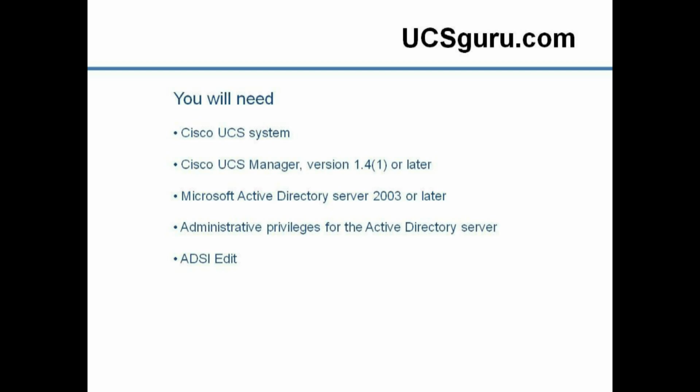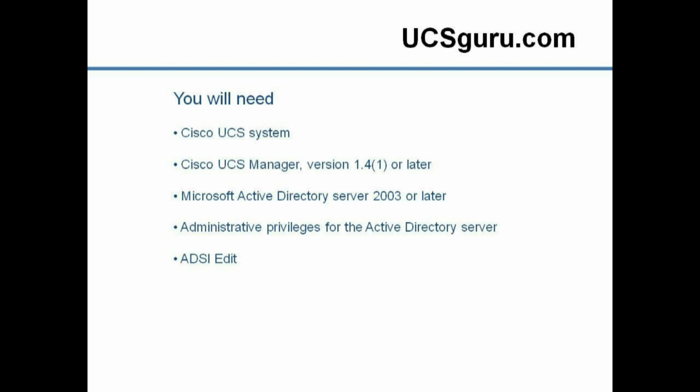Okay, so this is what you're going to need: a UCS system, obviously, UCS Manager version 1.41 or later. I'm using 202Q, I think, in the lab here. Microsoft Active Directory Server 2003 or later. I'll be using 2008 R2.